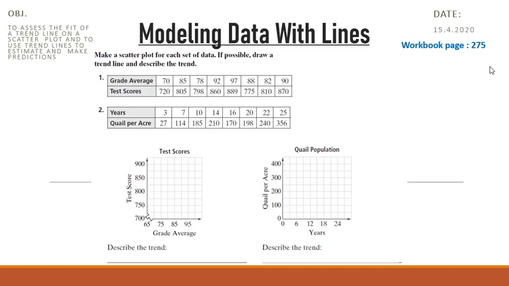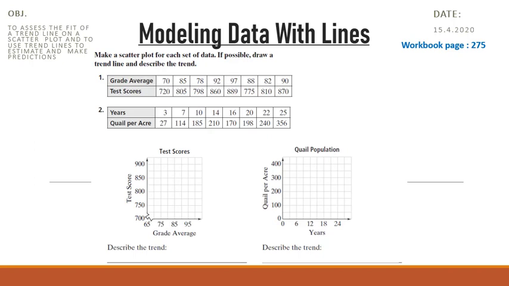I'm not going to help you. First one, plot each point and you'll get the scatter plot. And if it's possible, you will draw the trend line.